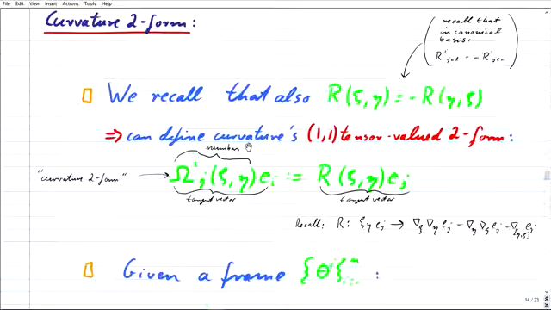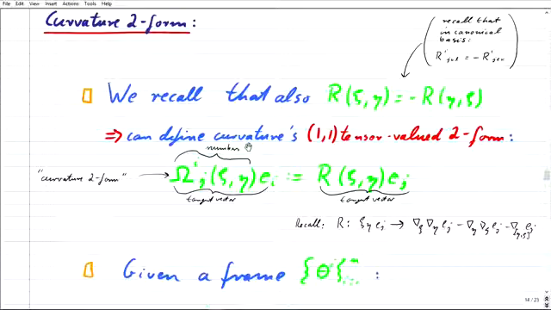So if you apply the curvature map, you feed it two tangent vectors and apply it to a third tangent vector, and you get out a tangent vector.